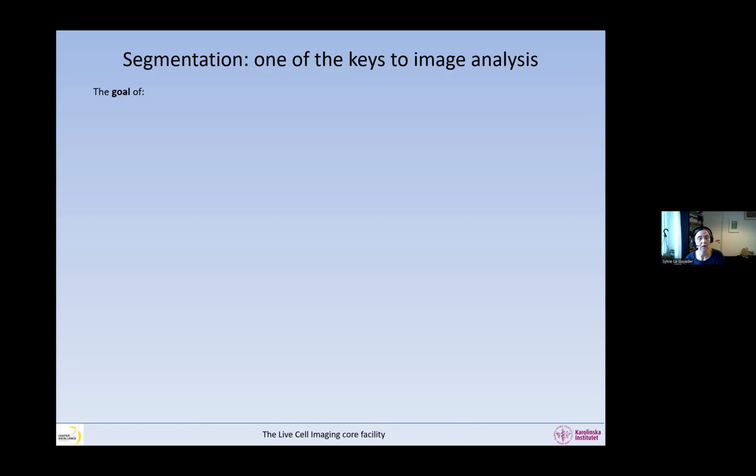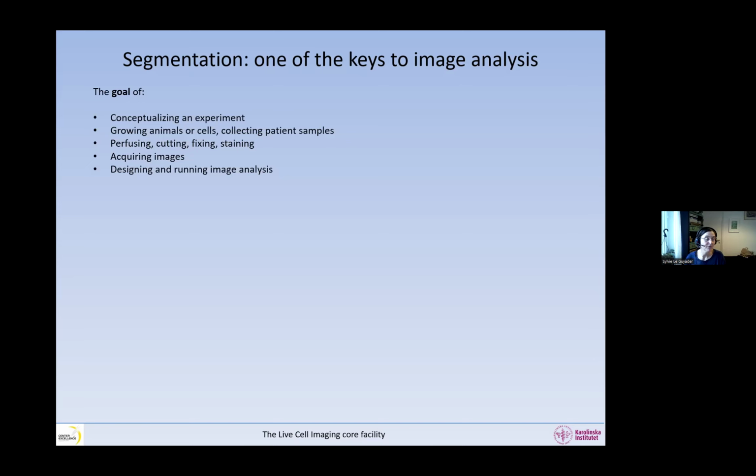The goal of conceptualizing an experiment, or designing it, and growing animals and growing cells on the dish, and collecting patient samples and perfusing, cutting the sample, fixing it, staining it, and acquiring images, and then designing and running the image analysis experiments, the goal of all this is to extract numbers from the images so that we can compare them scientifically. It's very important to keep this in mind. This is our goal, to get numbers. So we have to get images that can give us reliable numbers.